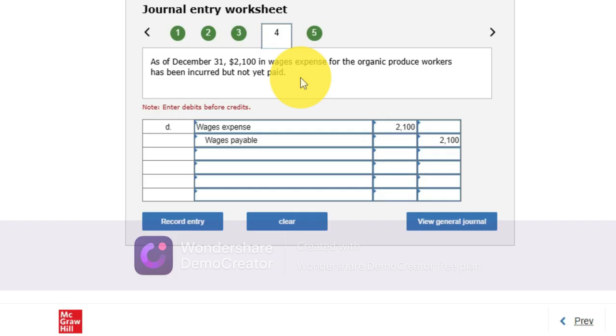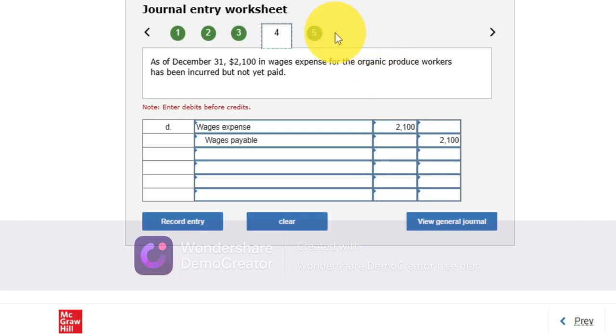The type of adjustment that we need here is called accrued expenses, and for the adjusting entry, we are going to find wages expense and wages payable, where we put the same amount. Wages expense is going to be on debit, and wages payable is going to be on credit, and the amount is $2,100.